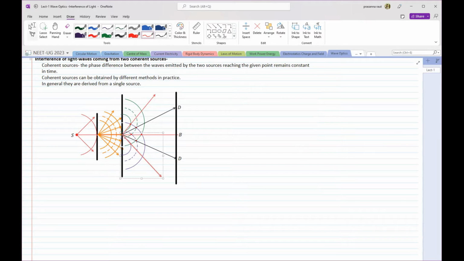सो व्हाट यू विल सी ऑन स्क्रीन, स्क्रीन पे क्या दिखेगा? सो इफ यू लुक एट द स्क्रीन, और अगर आप ये पिन होल लेके काम कर रहे हो, तो ऑन स्क्रीन यू विल सी, आई विल जस्ट ट्राई टू गेट द इमेज. I'll show you the image.